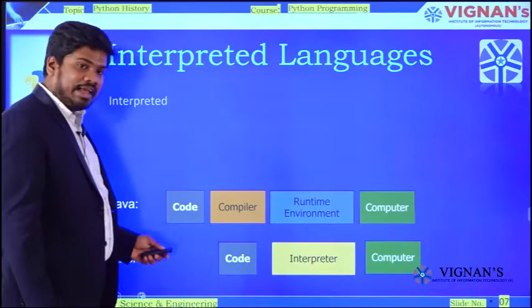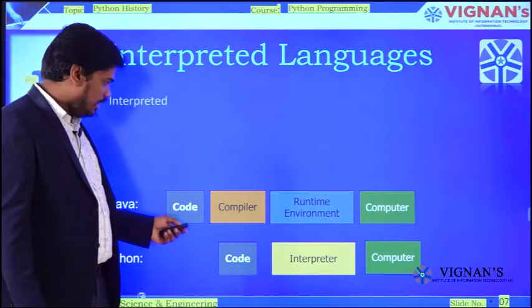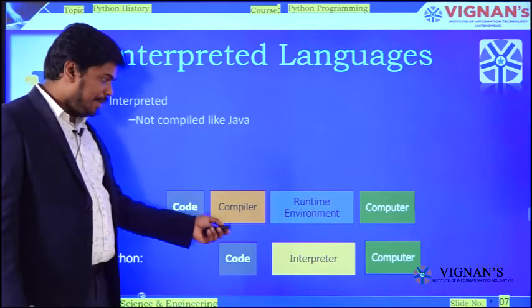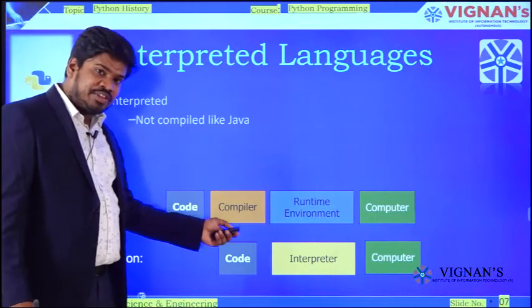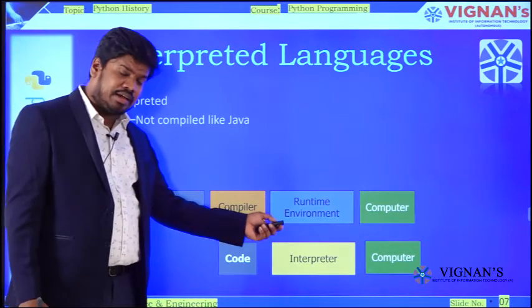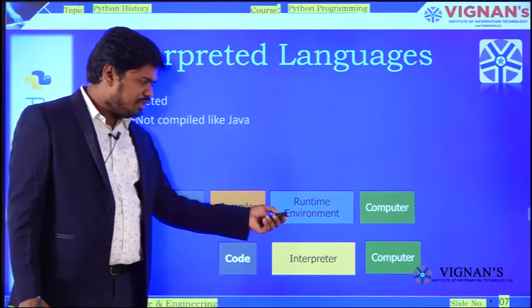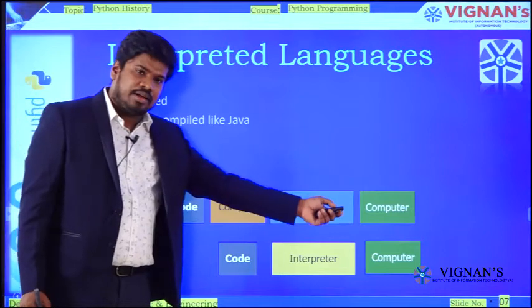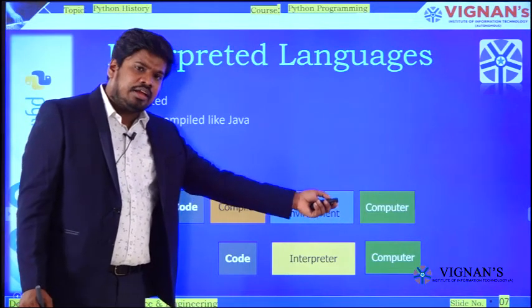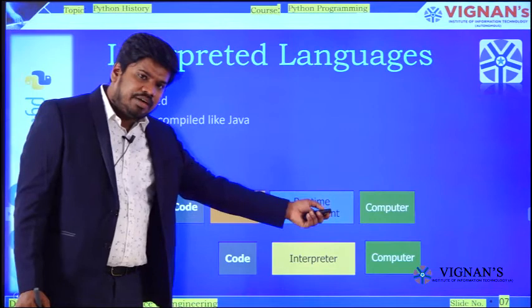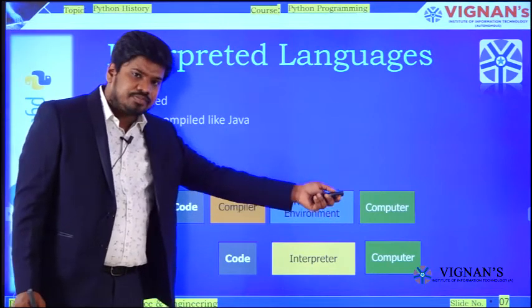Coming to this diagram: I have code, I have compiled it, bytecode is generated, and I give that bytecode to the Java Virtual Machine, and the JVM creates machine dependent code for that system.